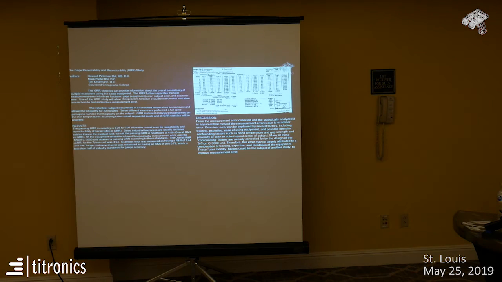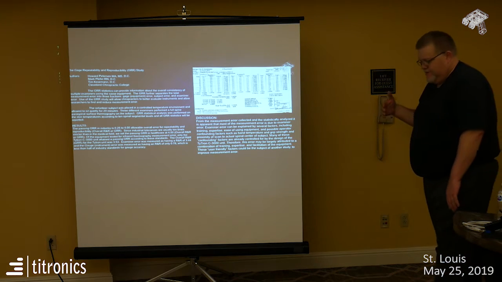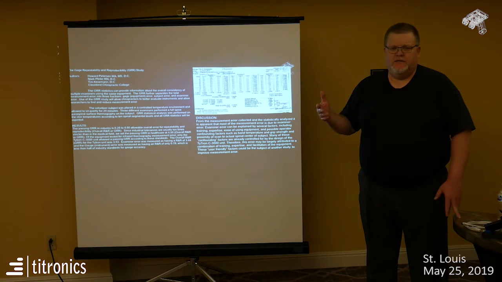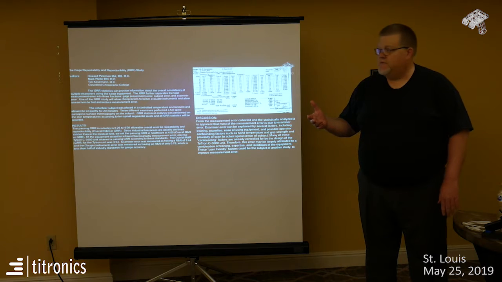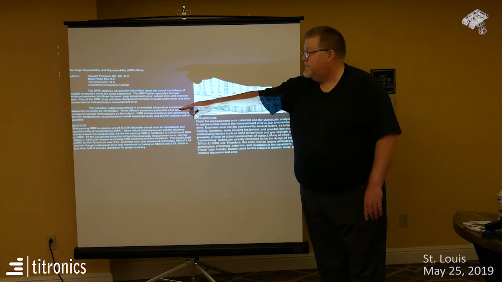Okay, is anybody familiar with Six Sigma measurements? This is a way of making sure your gauges are reliable. It's called a gauge repeatability and reproducibility study.